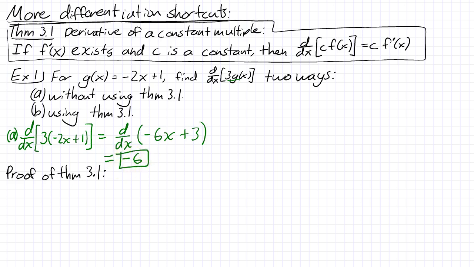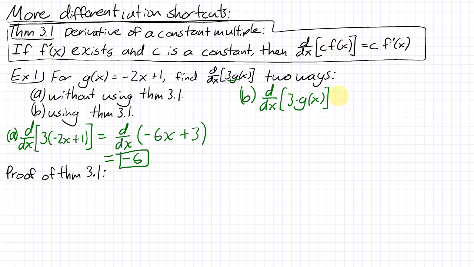Okay, now to do this using the theorem, just to check what this says for part B here, that would look like so. The function that we're differentiating here, 3 times g of x, is of this form. It's a constant times another function.